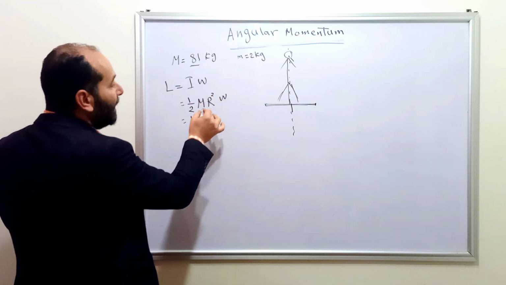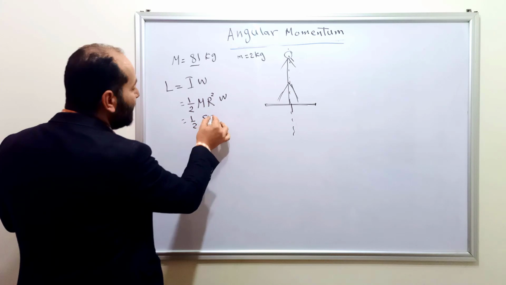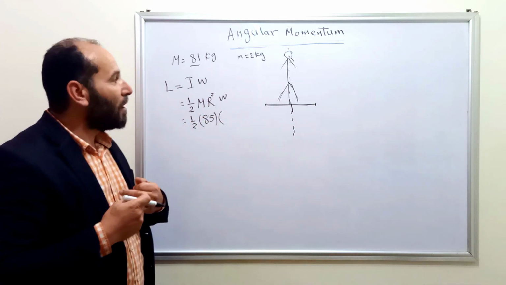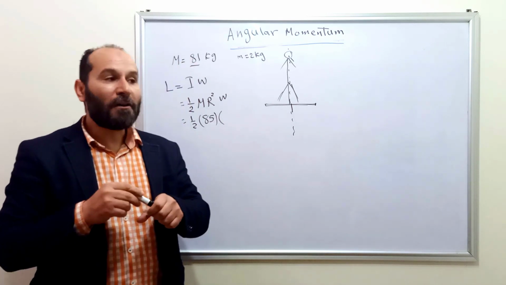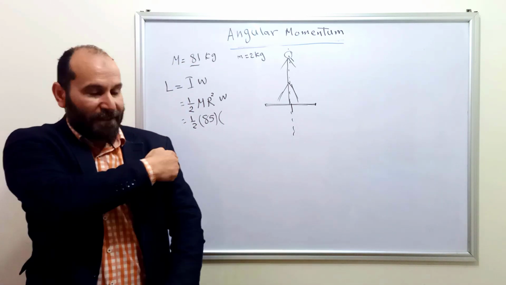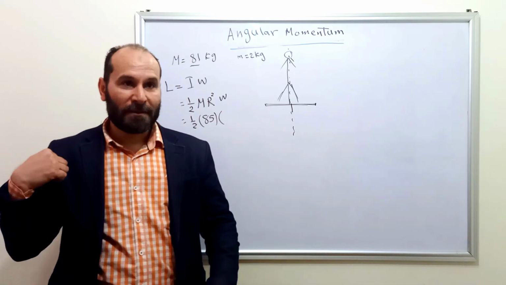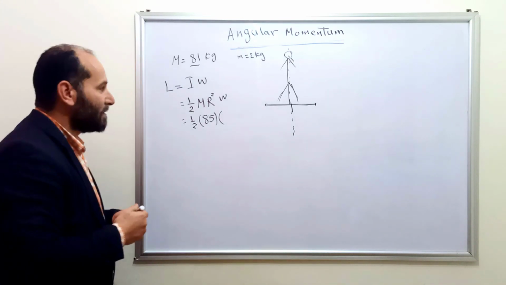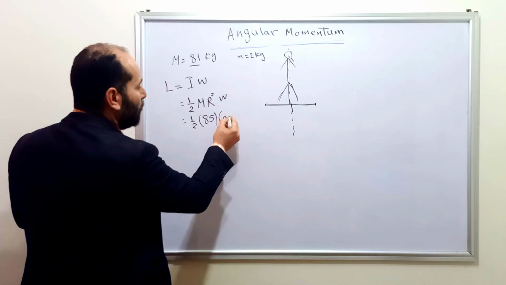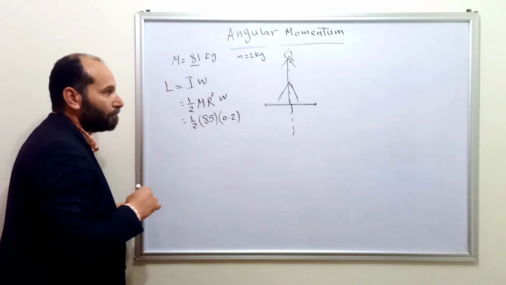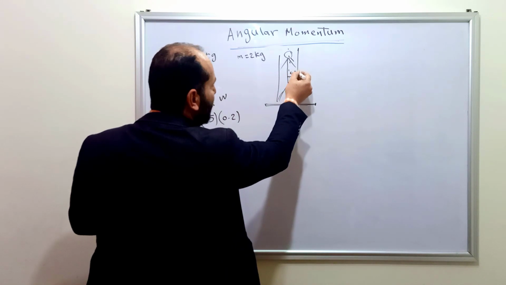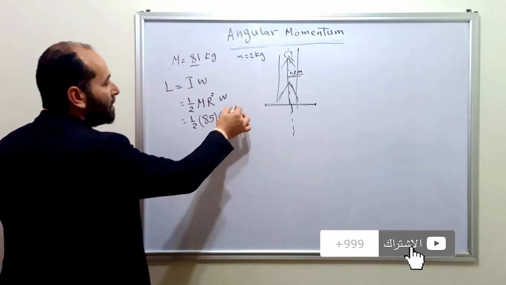So half M here is 85 kilograms times r squared. r here equals half the distance across the body, about 20 centimeters, 0.2 meter, squared.